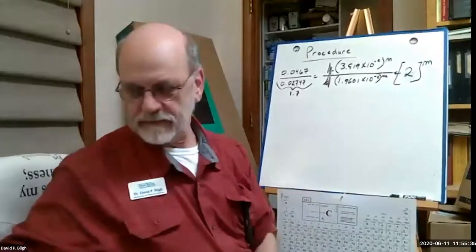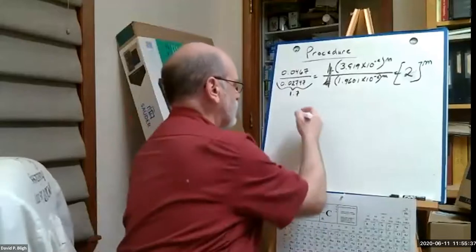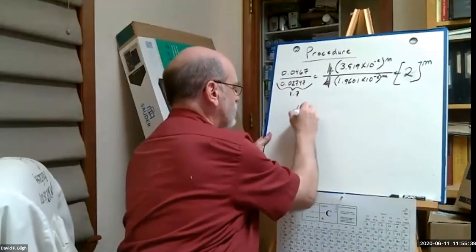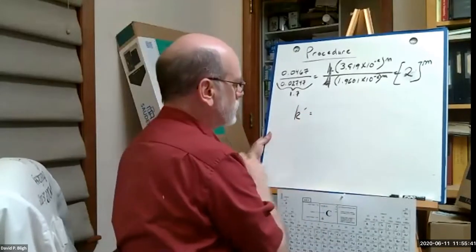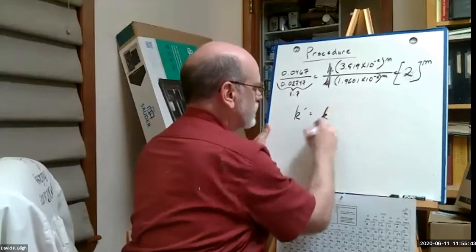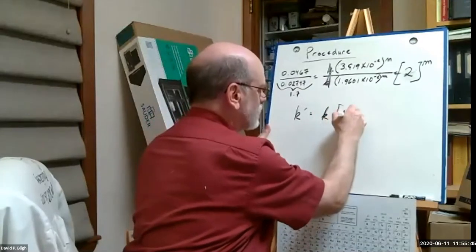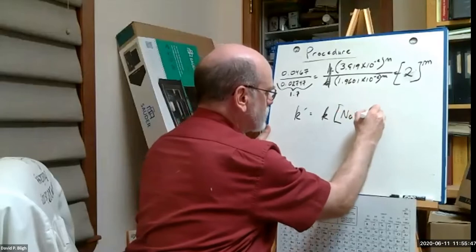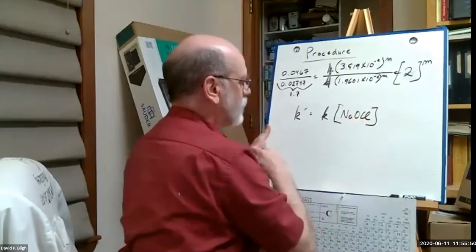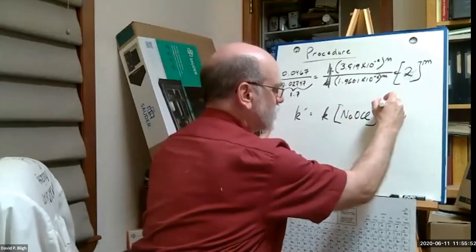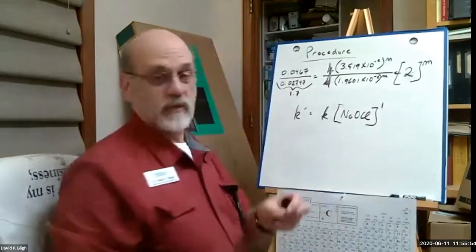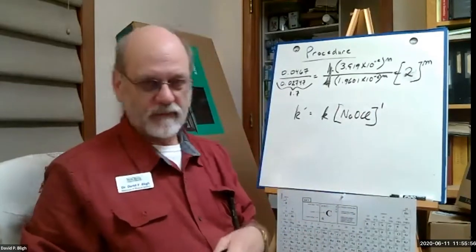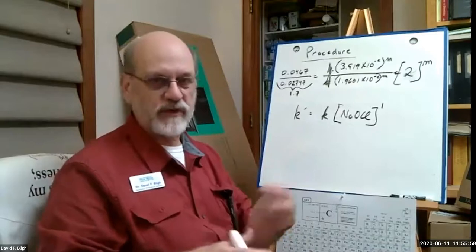Remember what we said? K prime is equal to K times the concentration of sodium hypochlorite to the M, which we're going to say is 1 for simplicity's sake, rather than 0.77.